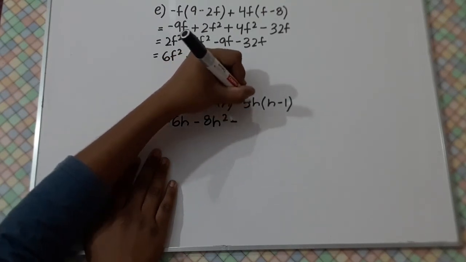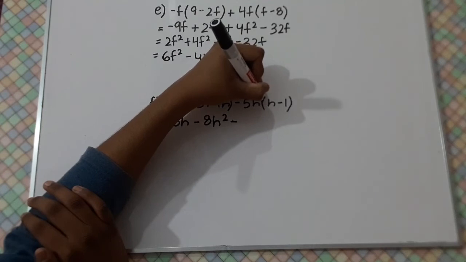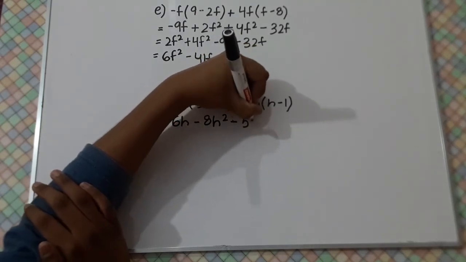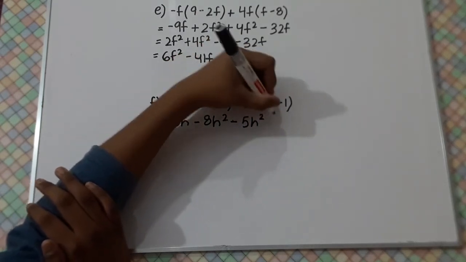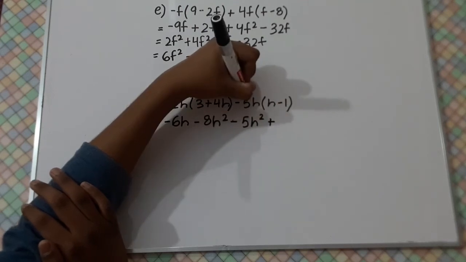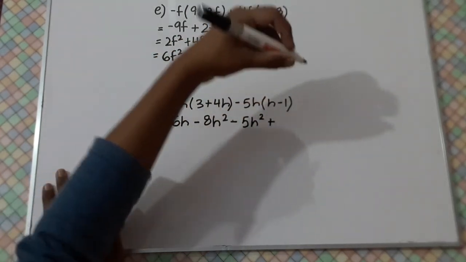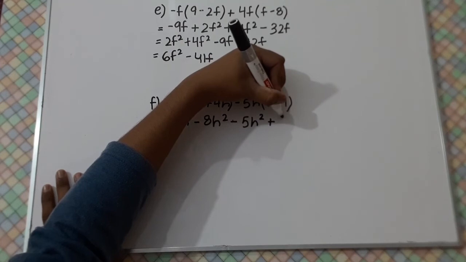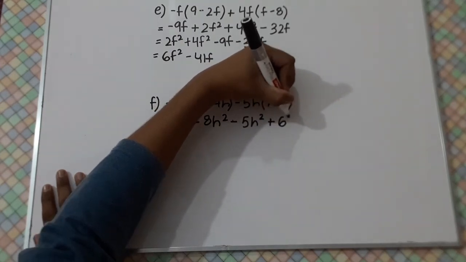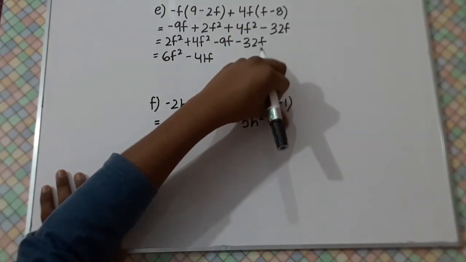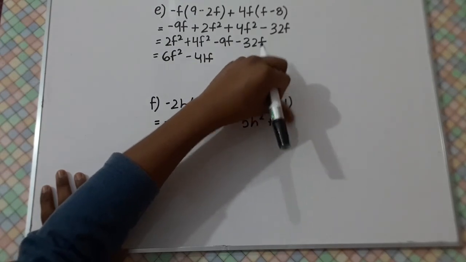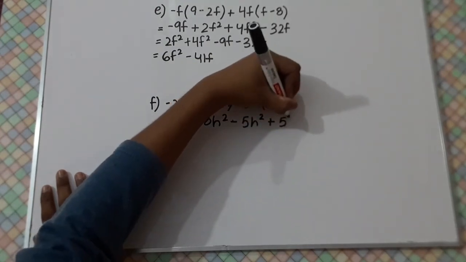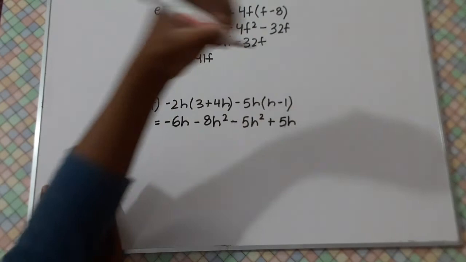Minus 5h square multiplied by h would be 5h square. Minus minus plus, minus 5h multiplied by 1 would be 5h.